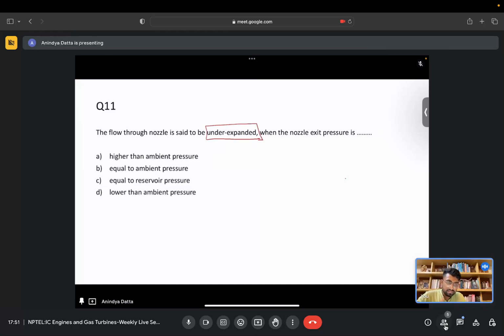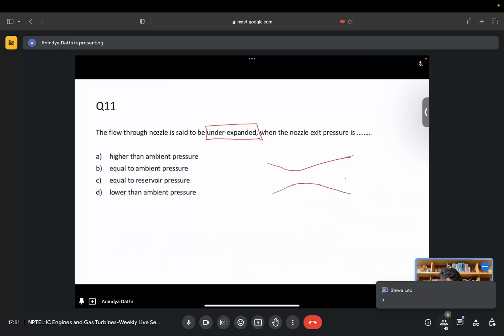What is under expanded? So we have a CD nozzle like this. This is the ambient pressure, and let's say this is the exit pressure PE. So what is perfectly expanded?